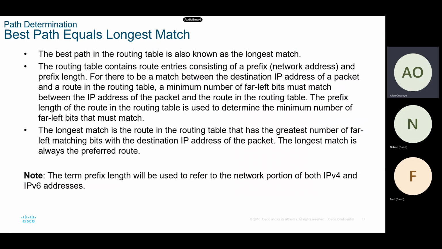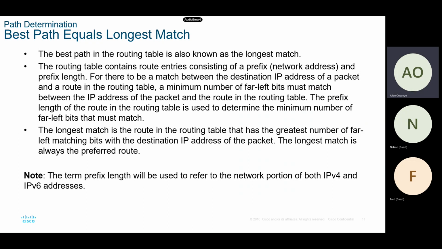Now, this very important term here is called the best path equals the longest match. This expression is very important. The reason why it is important is because the router uses it a lot. And so if the router has so many paths to reach a certain network, it knows how to choose the best path. Among all those paths available to reach network X, for example, the router is going to choose the most suitable path, and that will always depend on the subnet mask of the network of that path.